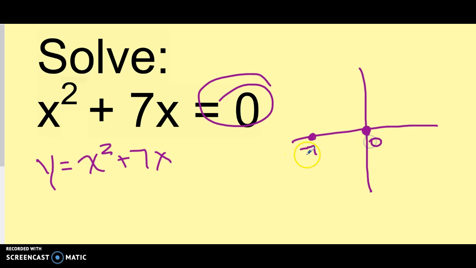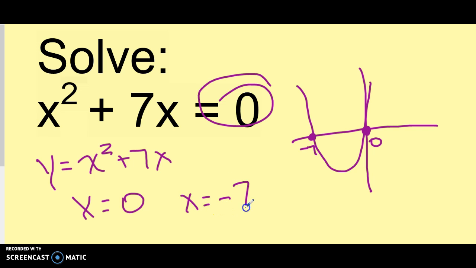It should look like something like this, right? You probably can't see the whole parabola, but that's what it's going to look like. So you're going to get x is equal to 0 and x is equal to -7.